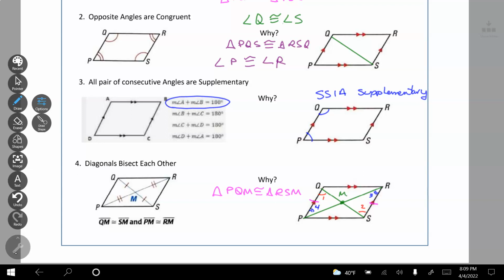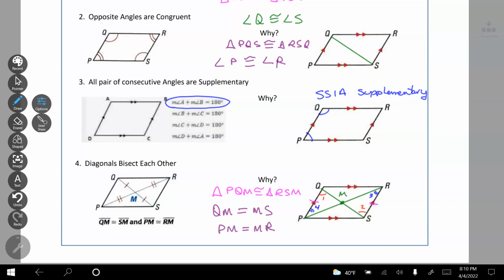And I know QP and RS are congruent because it's a parallelogram and opposite sides are congruent. That means the triangle on the left, which is PQM, and the triangle on the right, RSM, are congruent, which means QM is equal to MS by corresponding parts of congruent triangles are congruent. And then finally PM is equal to MR, and so on and so forth.